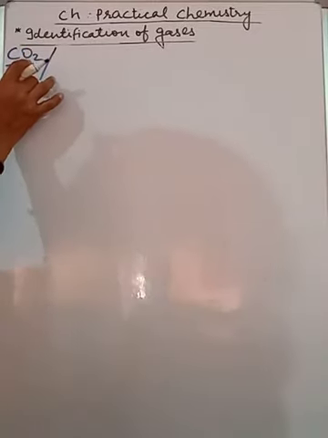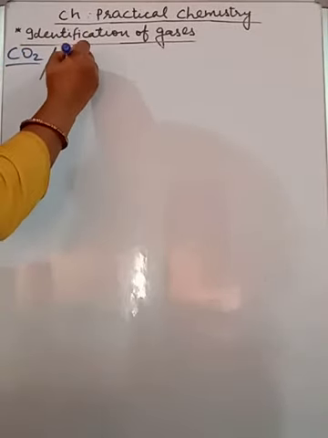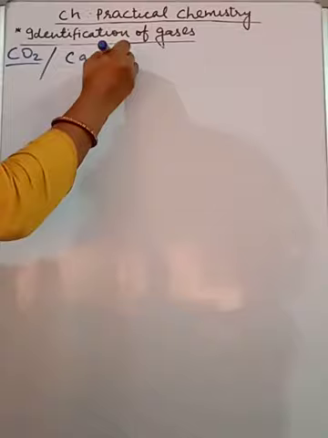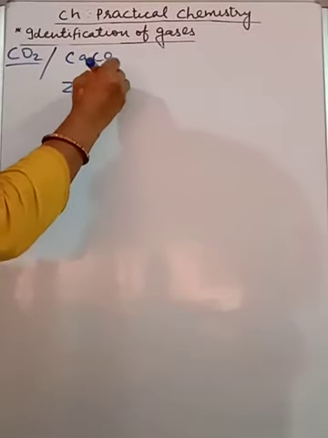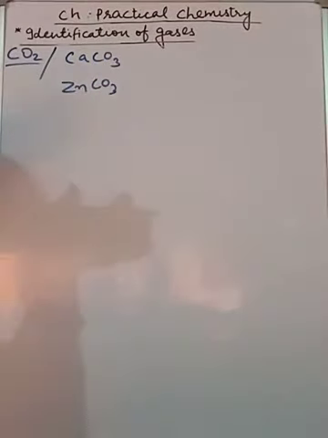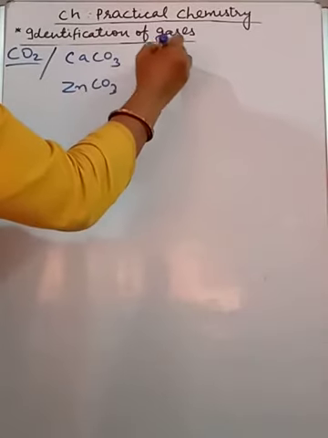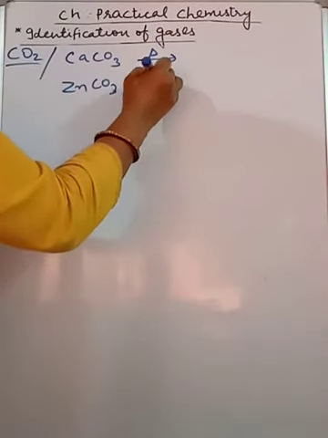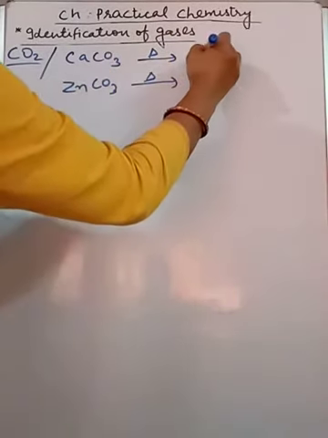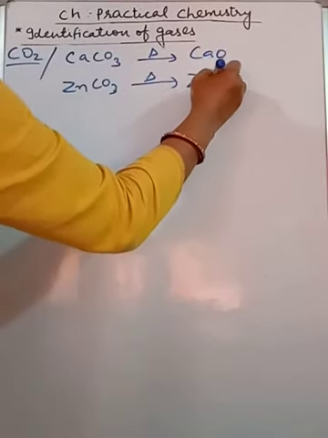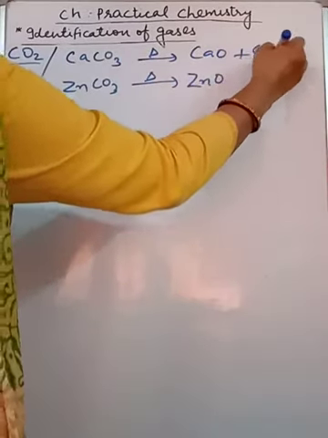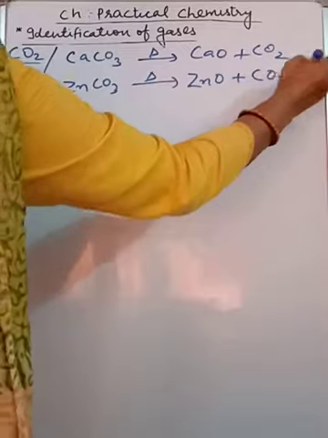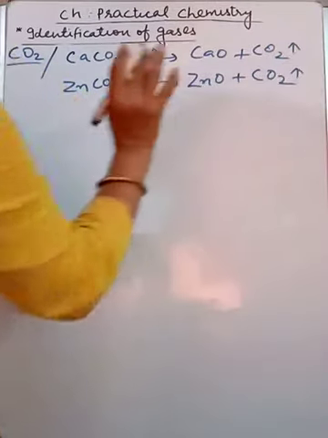First point: when you take a metal carbonate like CaCO3 or ZnCO3 and you heat it, you will get metal oxide. Typical reaction, try to write it on your own, children. You will get metal oxide plus a gas that is CO2.